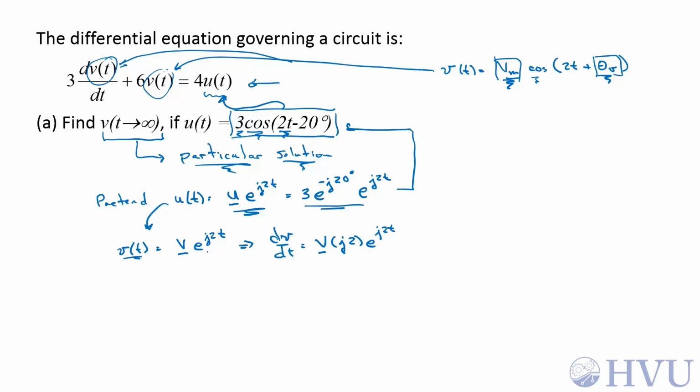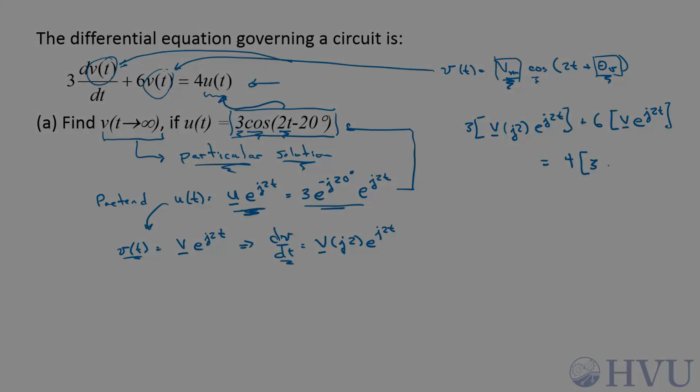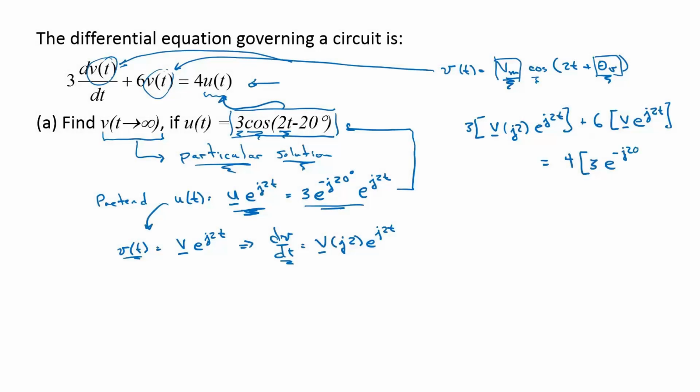Now I can plug this in and this into our original differential equation, plug this in for the input, and our differential equation becomes 3 times dv by dt, which is the phasor v times j2 e to the j2t, plus 6 times v, which is the phasor v e to the j2t, and that's equal to 4 times the input, which is 3 e to the minus j20 degrees e to the j2t.